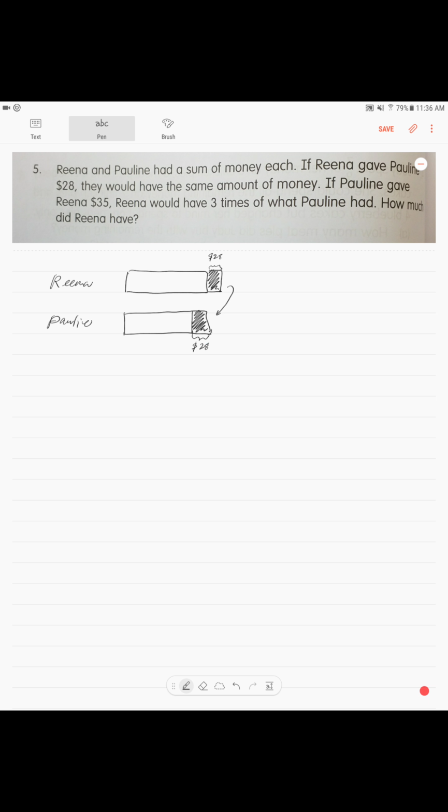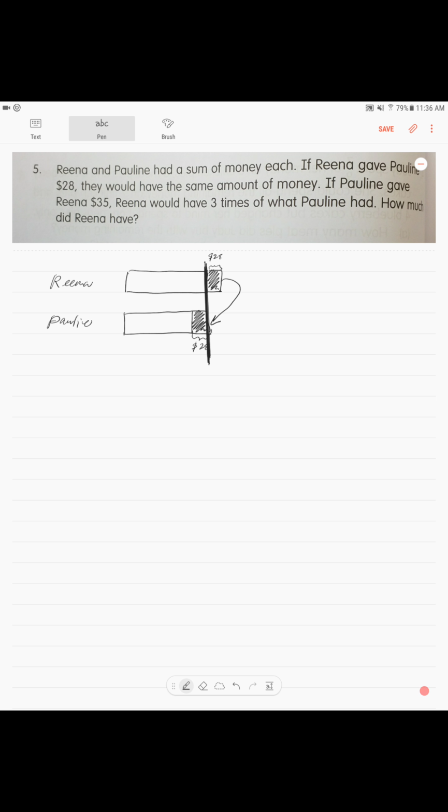If you move this part from here to here, they will have the same amount of money. So this money will move and they will have the same amount of money. This is our concept number 1, like our thesis number 1.